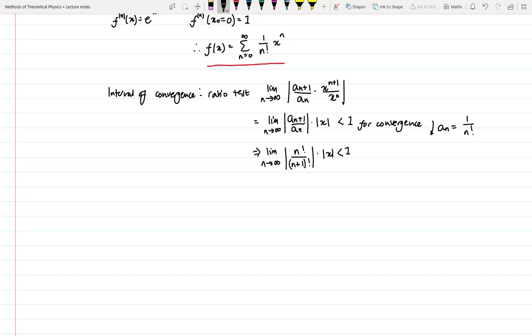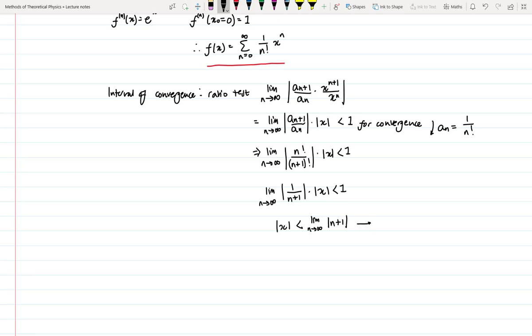Now n factorial divided by n plus 1 factorial is just 1 over n plus 1. We can take this limit onto the other side, so we now have that the absolute value of x is less than the limit as n tends to infinity of n plus 1.